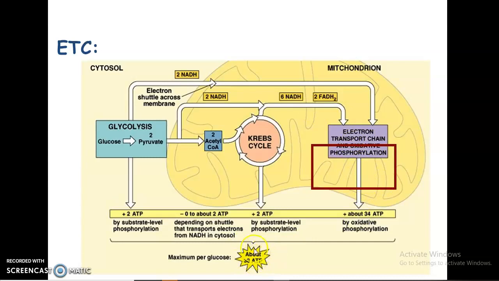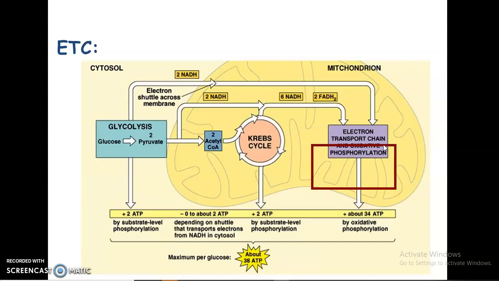That is because it considers 3 ATP from one NADH molecule and 2 ATP from one FADH2 molecule. Recent discoveries show that there are 2.5 ATP per NADH molecule and 1.5 ATP per FADH2 molecule.